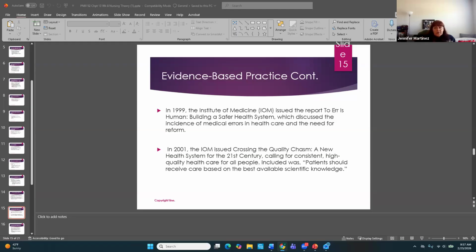There was a follow-up study that was done 20 years later, and unfortunately did not prove, even with the interventions, that there was a significant change in the amount or the incidence of medical errors that were occurring, which is kind of scary, right?